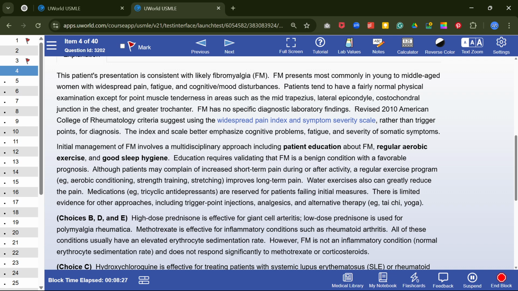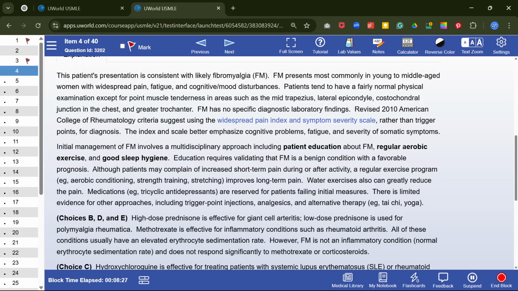Patients tend to have a fairly normal physical examination, except for point tenderness in an area such as mid trapezius, lateral epicondyle, costochondral junction in the chest, and greater trochanter.